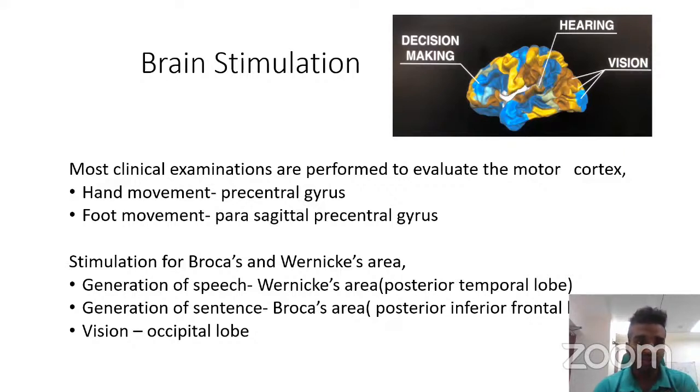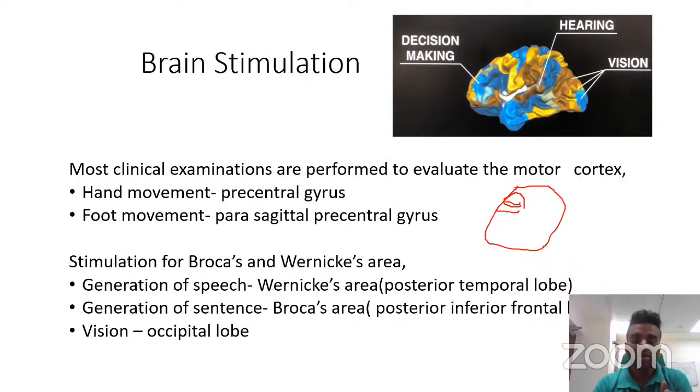When it comes to hand movement, I've been talking only about hand movement. Hand movement is controlled by the precentral gyrus. You have seen it already, but in this brain, this is precentral, this is central. So this is the region which controls hand movement.